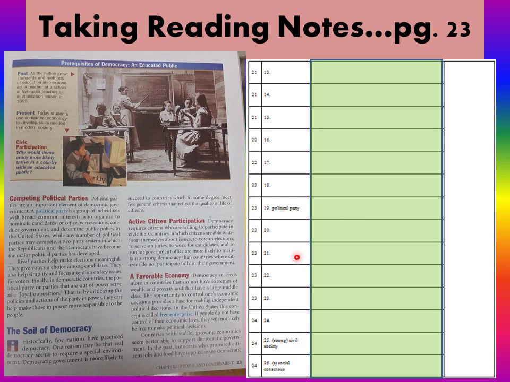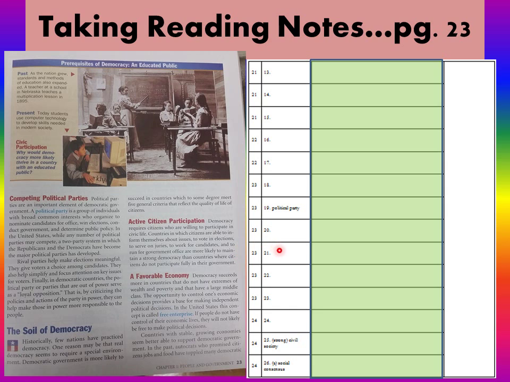Number 21 is active citizen participation. Democracy requires citizens who are willing to participate in civic life. Countries in which citizens are able to inform themselves about issues, to vote in elections, to serve on juries, to work for candidates, and to run for government office are more likely to maintain a strong democracy than countries where citizens do not participate fully in their government.